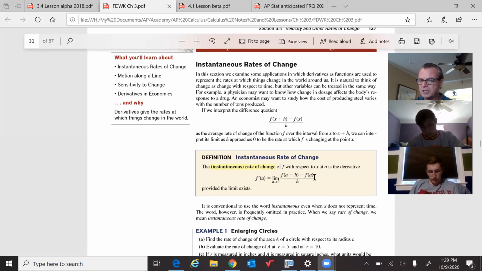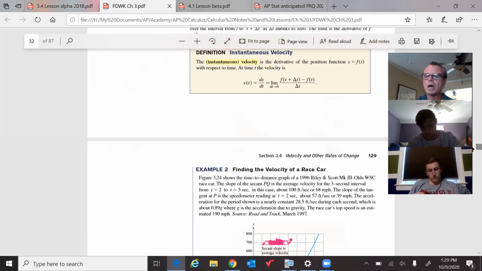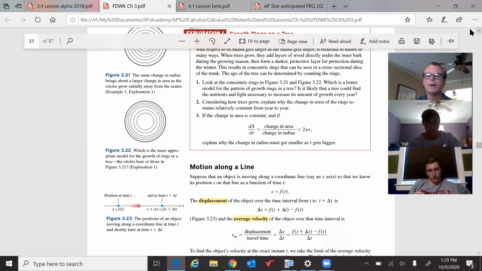So the numerator is the difference of the dependent values. But then when you put this in here, the limit as H goes to 0, then this gives you the instantaneous slope, which is the derivative, which will be the value we put in the third column of the H chart. So, a little carried away there.